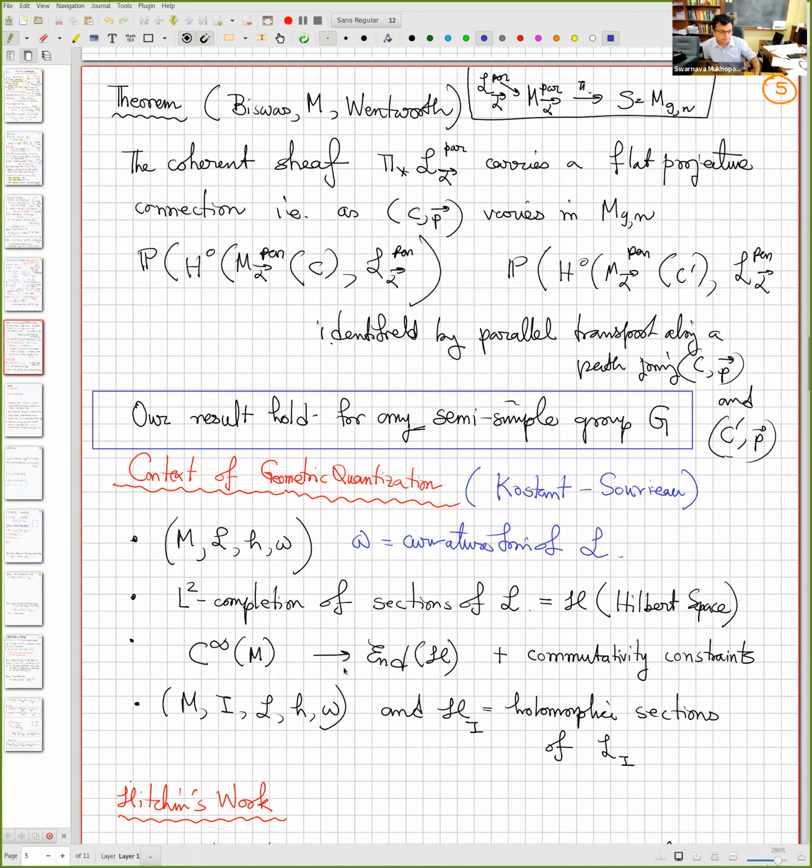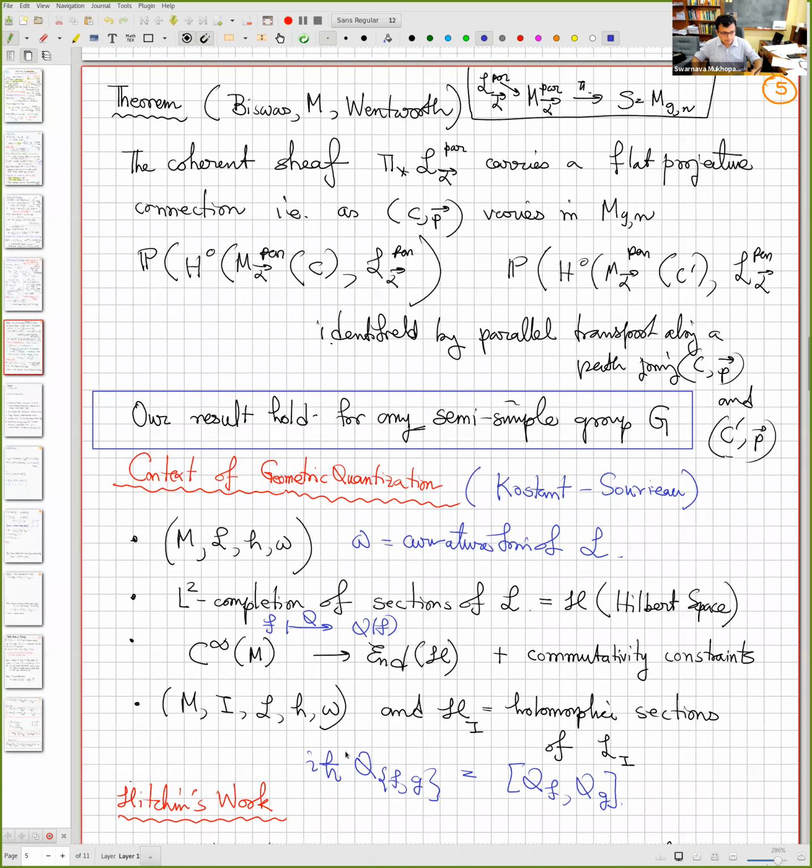So for every function, I want to assign an operator; call this map Q. If I have two functions, I look at their Poisson bracket, whereas on the other hand I can look at the commutator of their images, where i is the imaginary unit and h is a very small constant, the Planck constant.